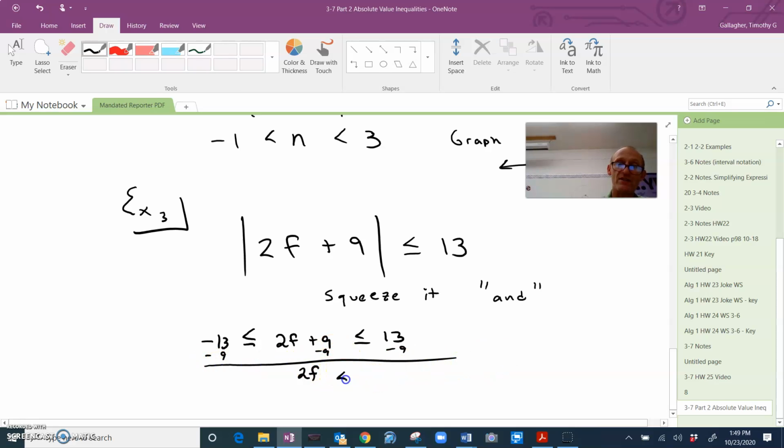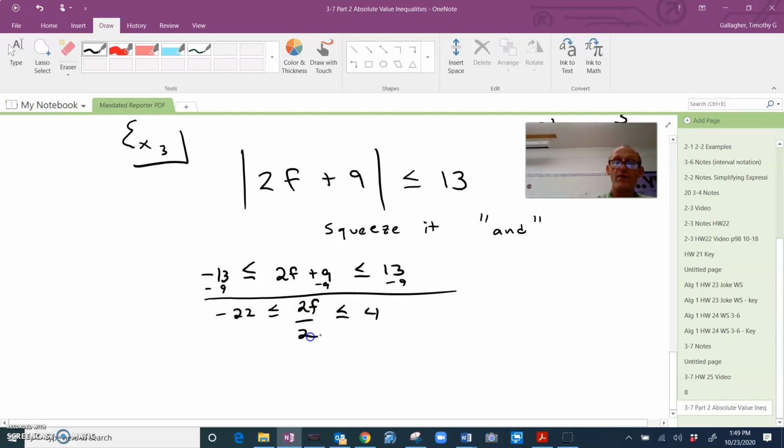I get 2f less than or equal to 4, greater than or equal to negative 22. I divide by 2, and I get negative 11 here. F in the middle, squeezed in, less than or equal to 2.